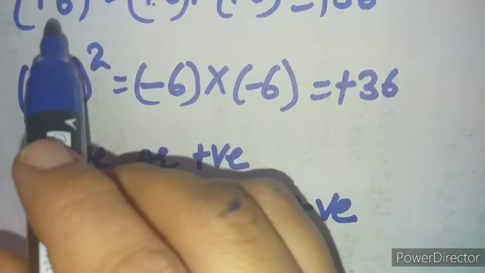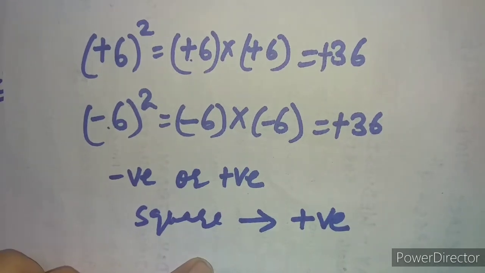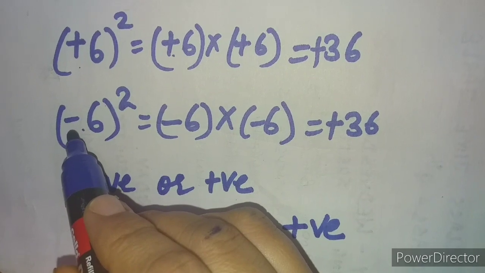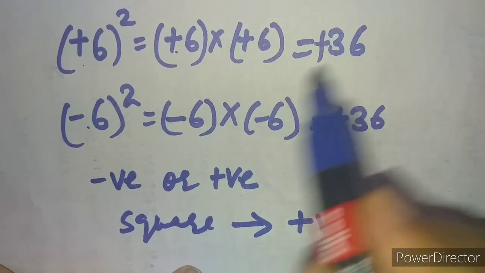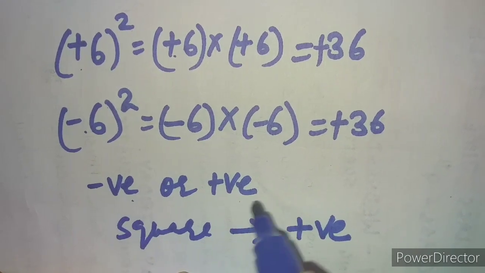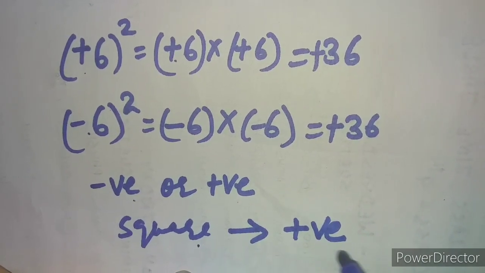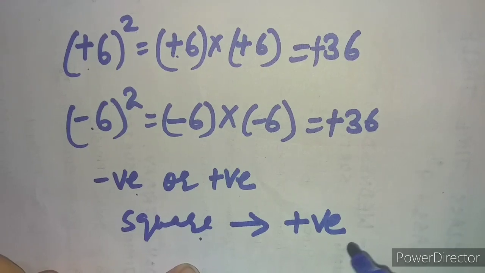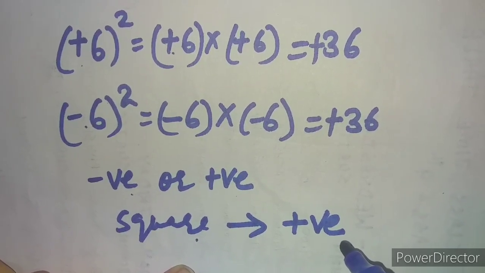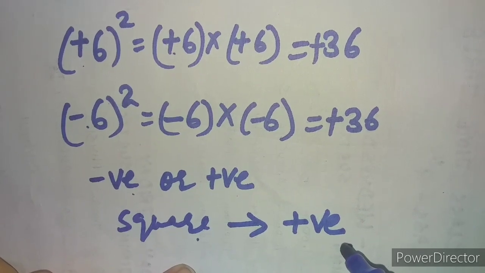Again, see whether the number is positive or negative. Plus 6 square is plus 36 and minus 6 square is plus 36. Whether a number is negative or positive, its square is always going to be positive. Most interesting fact, and so many number of times you will need this fact, right?